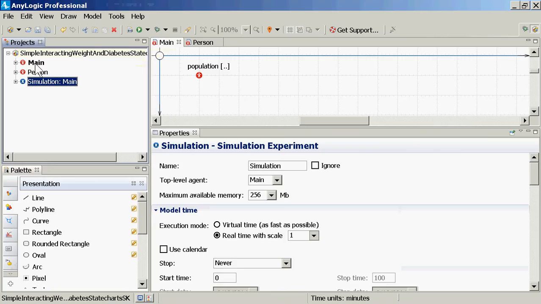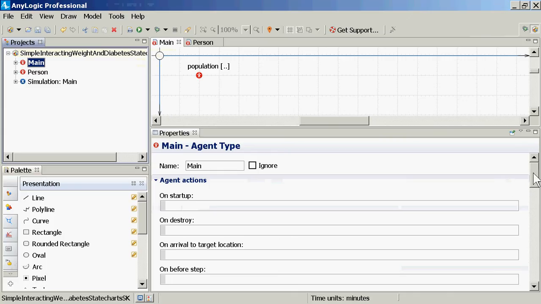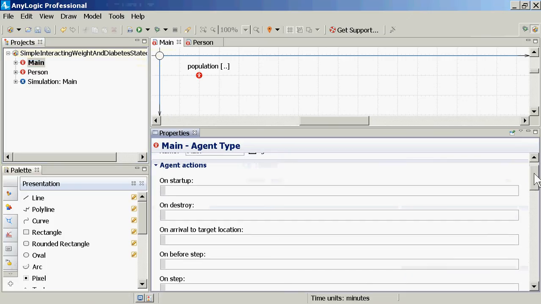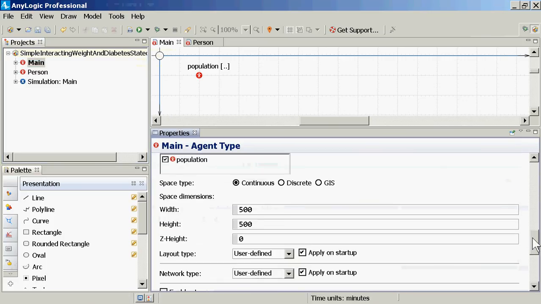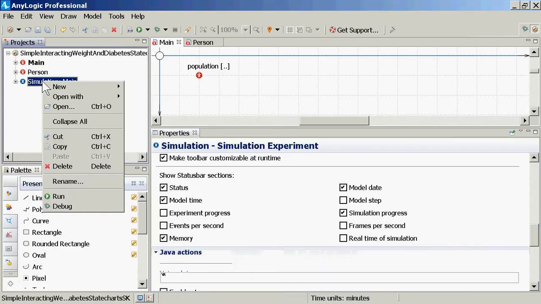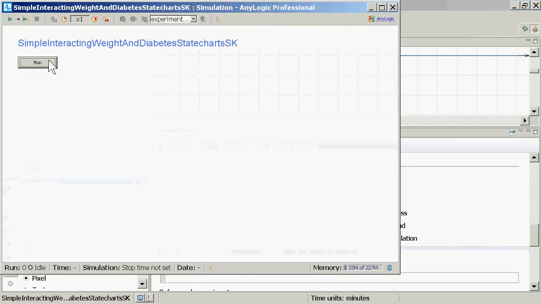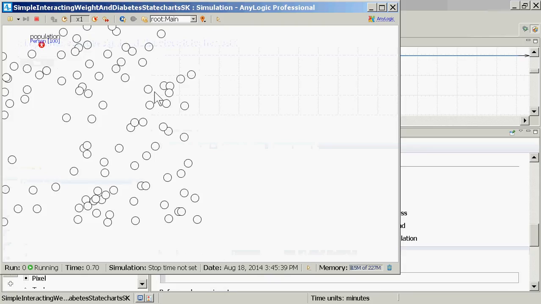In which class? Main. It's in main. So then we scroll down in main, and we go to layout type, and we choose random. Okay. Good. And you right-click here, and then we should see this.